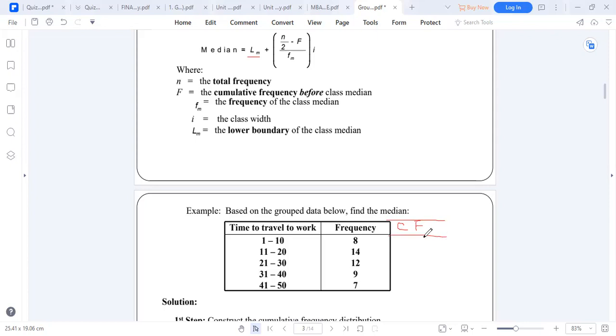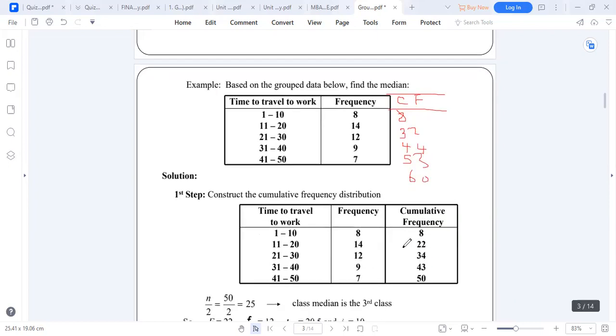We add on, so 8, we add to the 14. 8 plus 14, what do we get? 22. We add the 12, what do we get? 34. We add the 9, we get 43. We add the 7, we get 50.